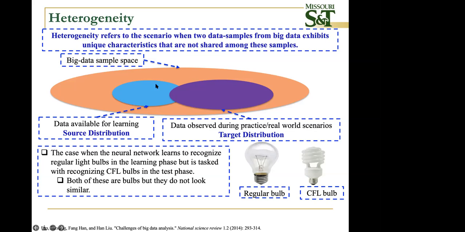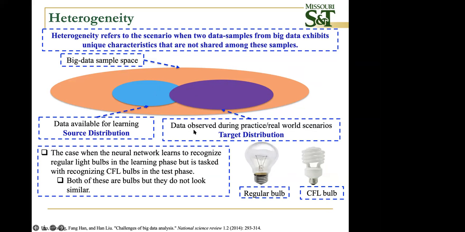We call this the data available for learning, the source distribution, especially for training. And here in purple is the data observed during real practice or the real world scenario, which we call the target distribution. There is not much of an overlap between the data we use for training, if you are using it in a neural network, and for testing. Because of that, the performance deteriorates.